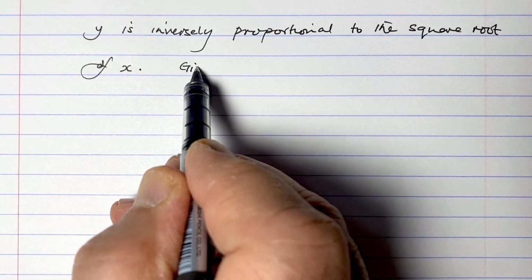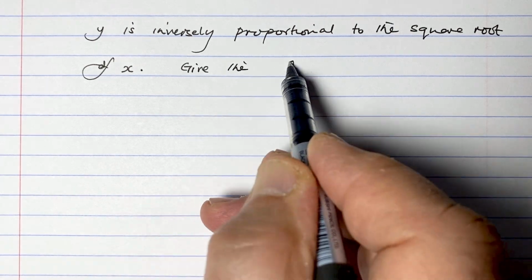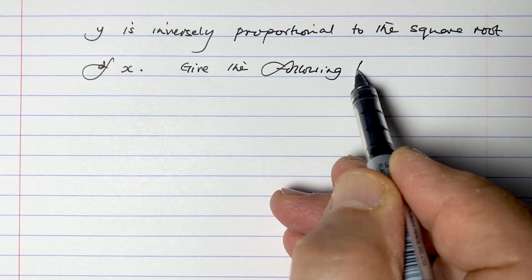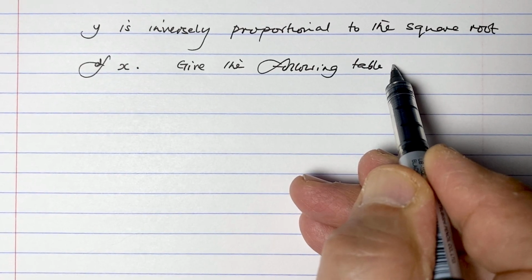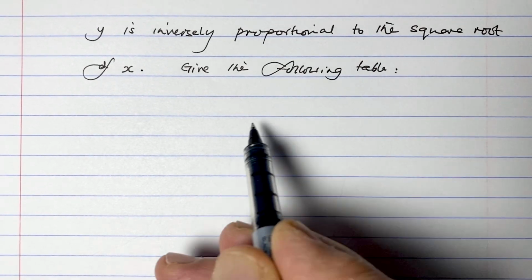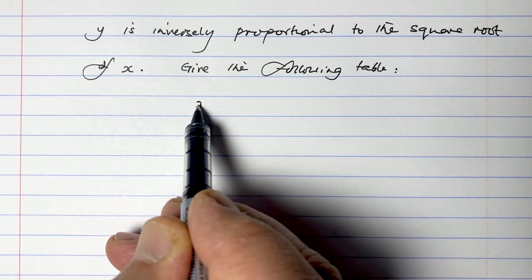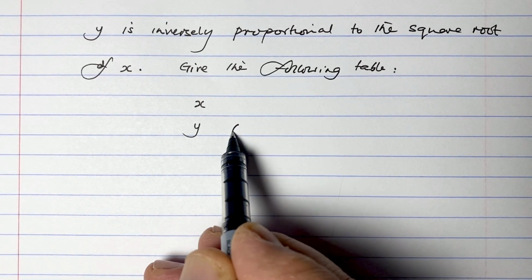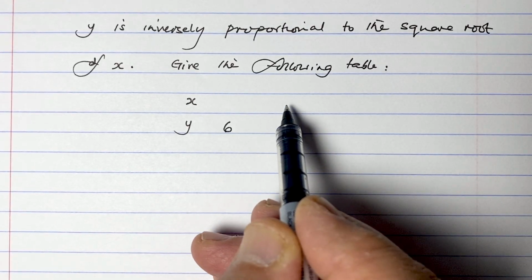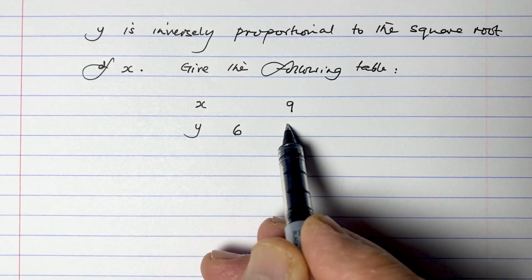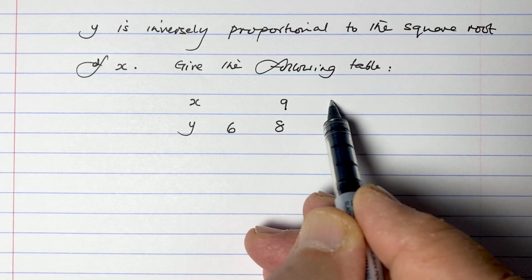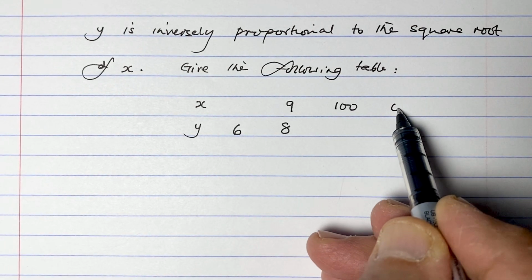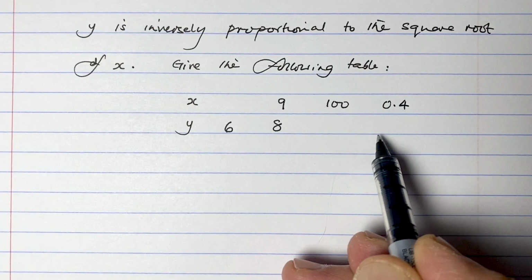Given the following table, x, y, again, y given as 6 to find x, given x is 9 and y is 8, x is 100 to find the value of y, and x is 0.4 to find the value of y.